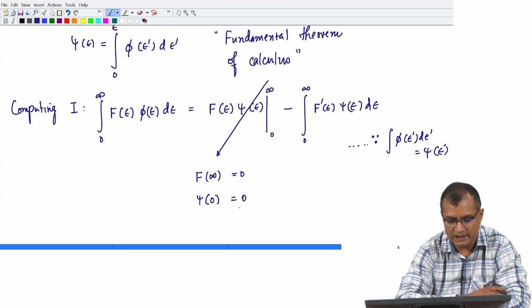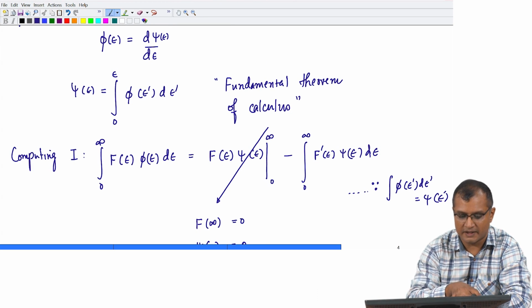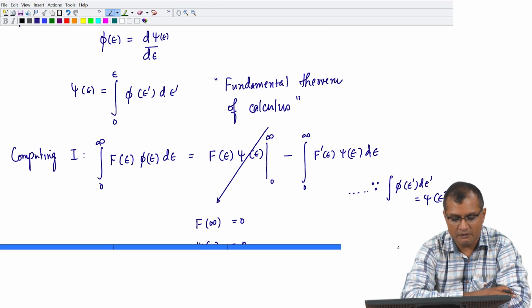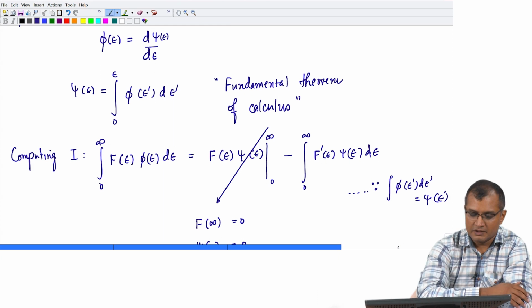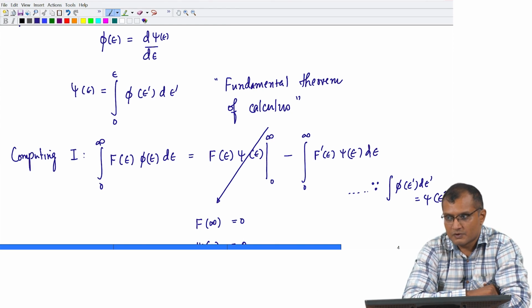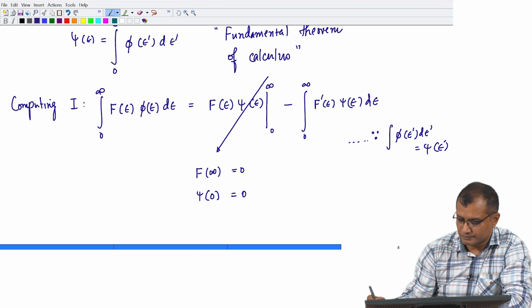And that is very clean, very easy to see from the fundamental theorem of calculus that I have written here. The way I have defined psi, its value at epsilon equal to 0 is nothing but the integral of phi, where the definite integral has the same upper and lower limit. So, then psi at epsilon equal to 0 is 0.